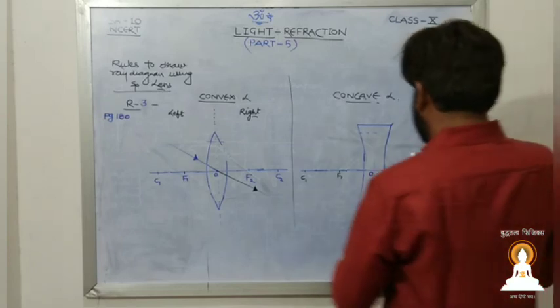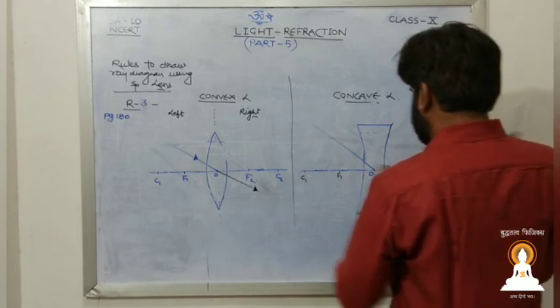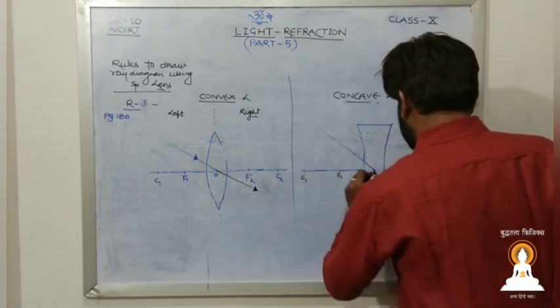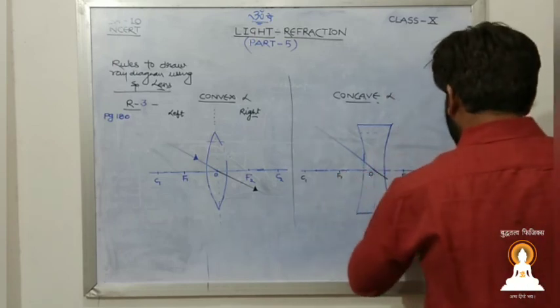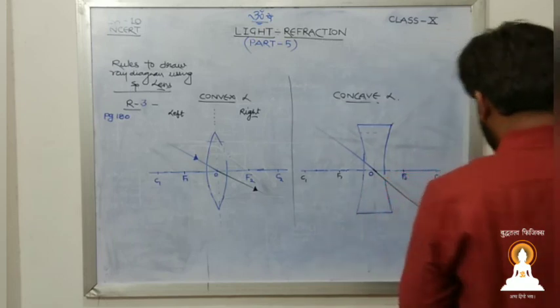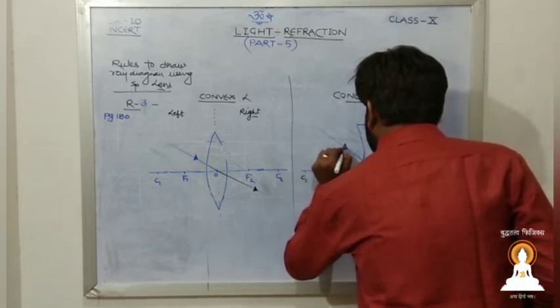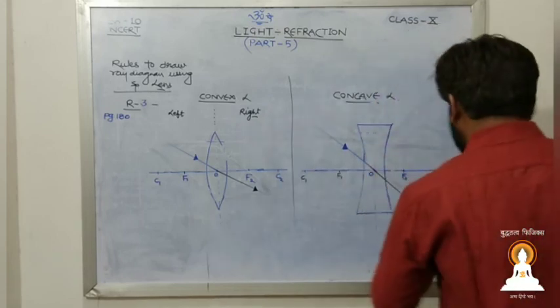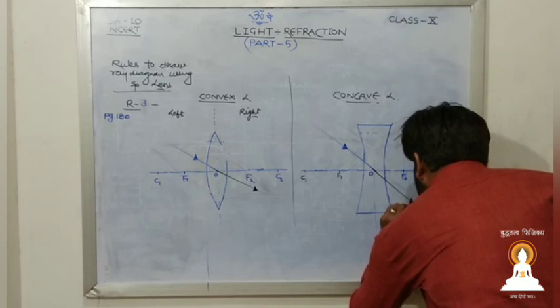Here also it will be the same straight line. The incident ray comes, and then it simply passes directly. No refraction at all. Like this. Very simple. This is rule number 3, which is quite important and very simple too.